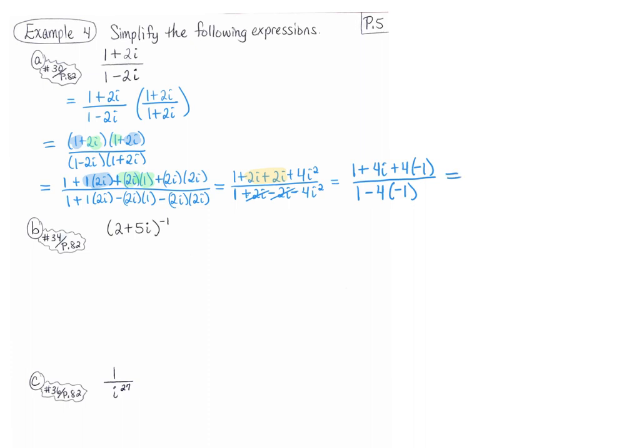So this becomes 1 plus 4i minus 4 divided by 1 plus 4. That simplifies to be 1 minus 4 is what? Good. So 1 minus 4 gives us -3.